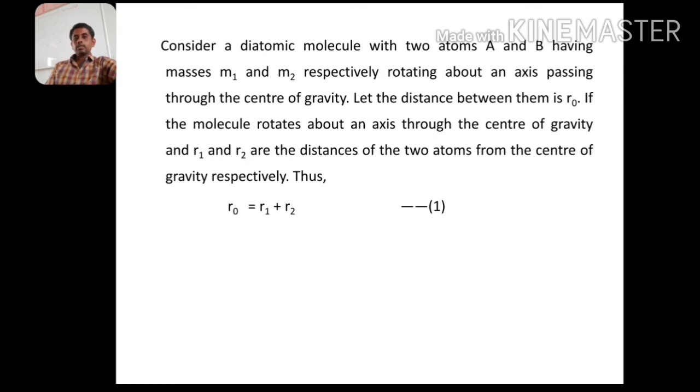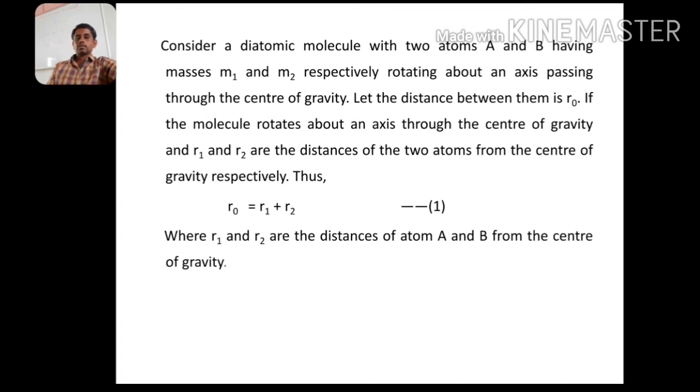If the molecule is rotated about an axis through the center of gravity, and r1 and r2 are the distances of the two atoms A and B from the center of gravity, thus r0 is equal to r1 plus r2. This is equation number 1, where r1 and r2 are the distances from the center of gravity of atoms A and B respectively.